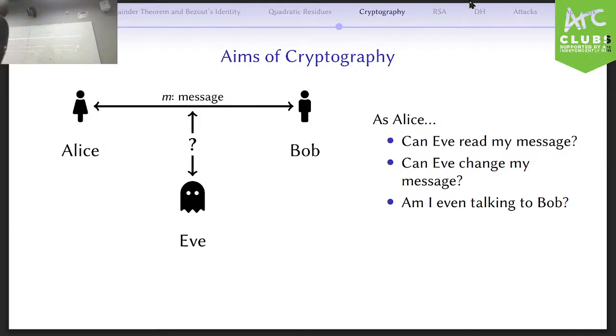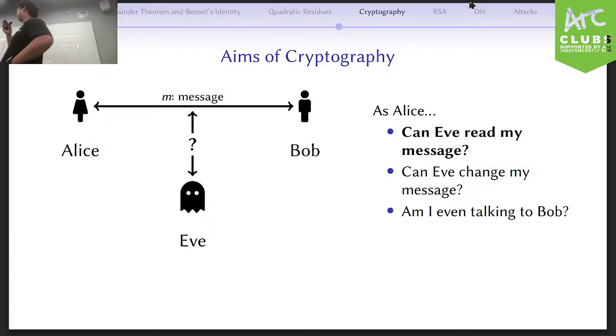I might also wonder, can someone in the middle change my messages, or change the messages that I'm about to receive? Because that might also be a problem. And another question might be, am I even talking to Bob at all, or am I talking to someone who might be impersonating Bob? For the scope of today, we'll mainly be addressing the first question, which is how can we keep the message between Alice and Bob hidden, so that even if someone else was listening in on the whole conversation, is there a way to hide my message?